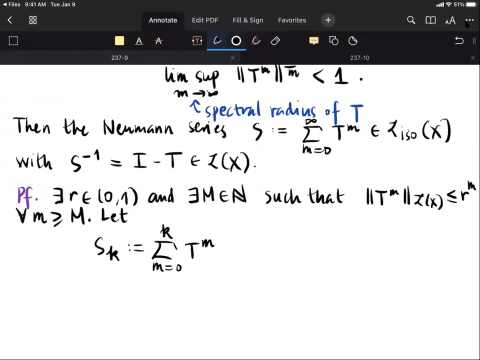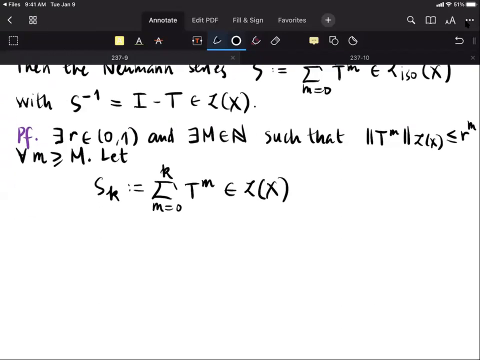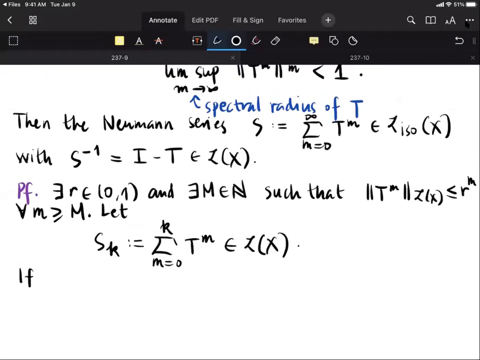And since the composition of bounded linear operators is bounded, and the space of bounded linear operators is closed under addition, this is also bounded. So to prove the convergence of this Neumann series, it is enough to prove that this sequence of partial sums is Cauchy.